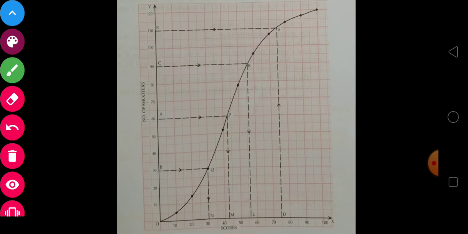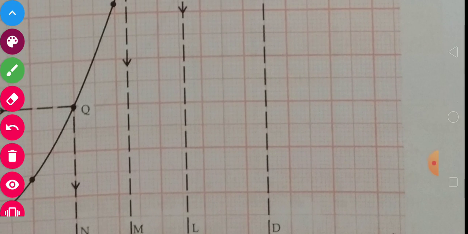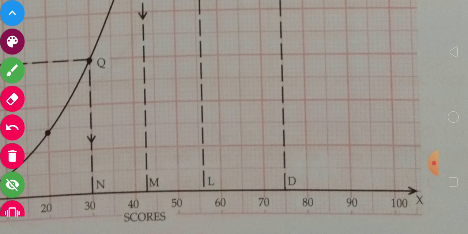Let us see on the graph where we have this 75%. Here, between 70 and 80, this point is 75, right? From 0 to 100, 75% actually means 75.